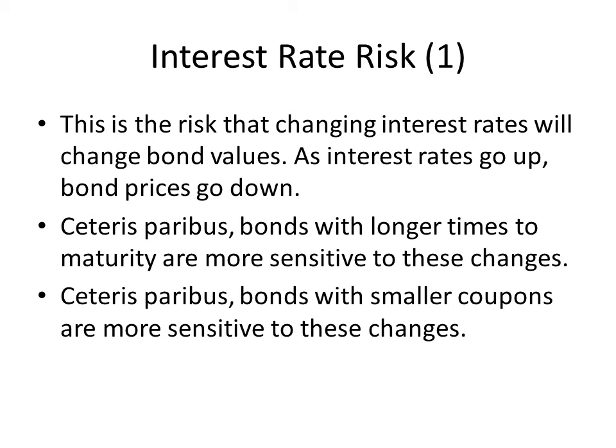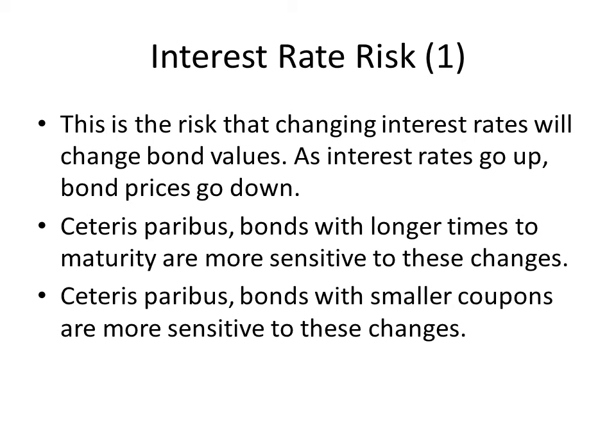That t is the number of periods until the time that you receive the cash flow. So the longer time you have out there, the greater the magnification of the effect of interest rate changes that happens in that 1 plus r in the parentheses on the bottom of the present value formula.